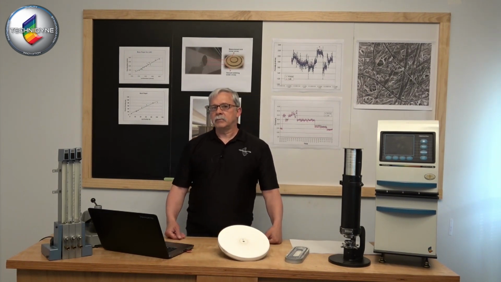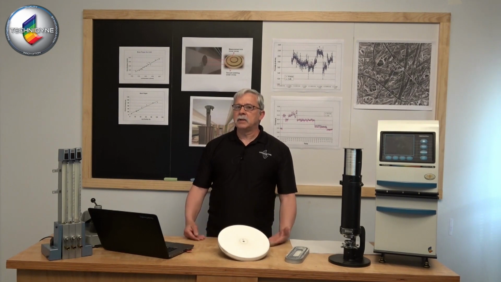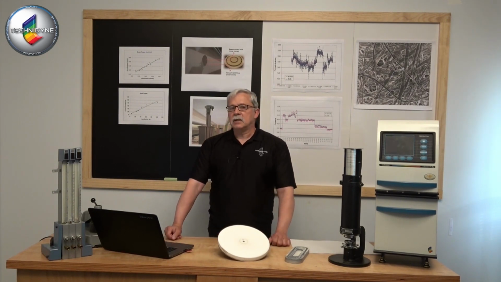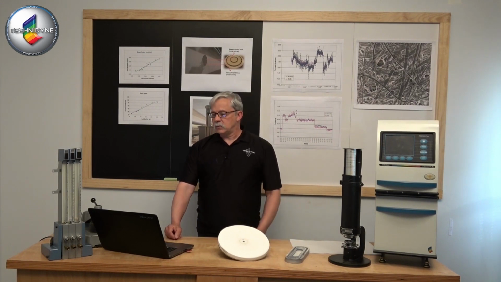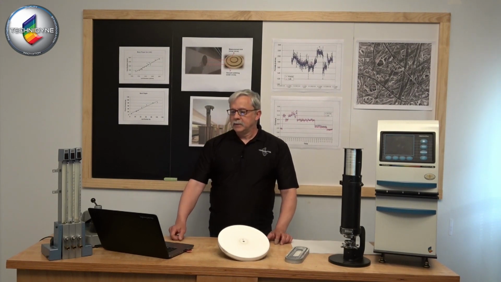Control or monitor refining. As your refining blades start to age, you can actually see that happen. The structure of this paper is going to change when you have different conditions in refining. Controlling your vacuum, or again making sure that the vacuum system is working properly.